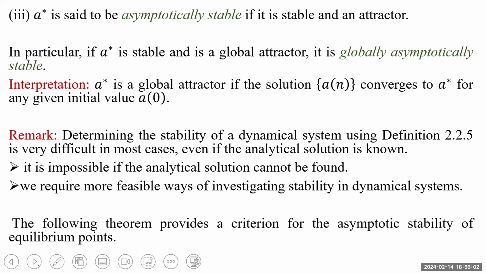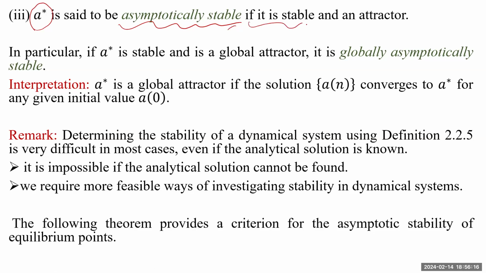So there is one more definition. We are going to say what is the meaning of asymptotic stable. So the equilibrium point, I am going to say it is asymptotically stable if it is stable plus an attractor. So stable plus attractor, we call it asymptotic stable.